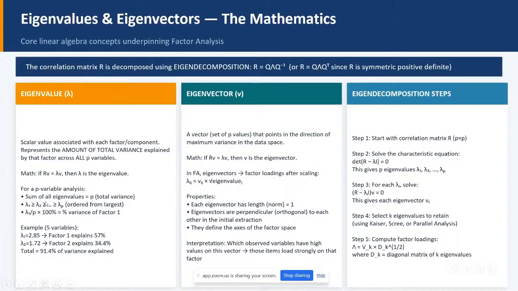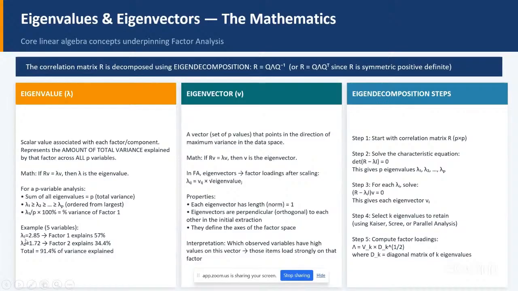And these are ordered eigenvalues: after getting the eigenvalues we order them, and each eigenvalue divided by p, multiplied by 100, gives us the percentage of variance for each factor. Here is an example.